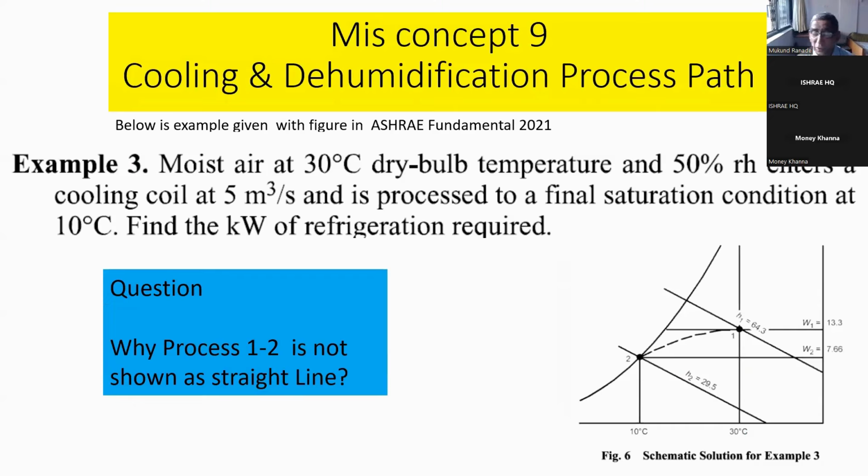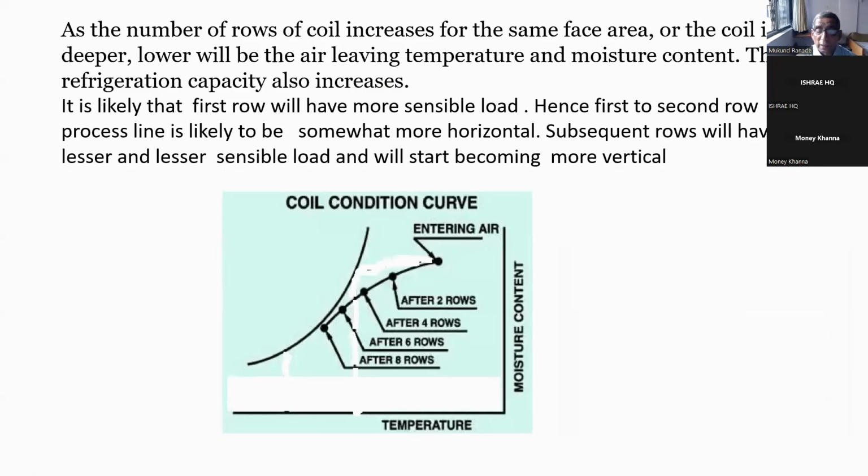We are very used to seeing a straight line. So the question is, why is process 1, 2 not shown as a straight line, as we normally draw in psychrometric processes? If we see the figure, it is the cooling coil process, and this is about an 8-row cooling coil.